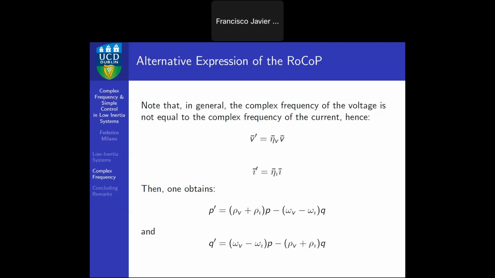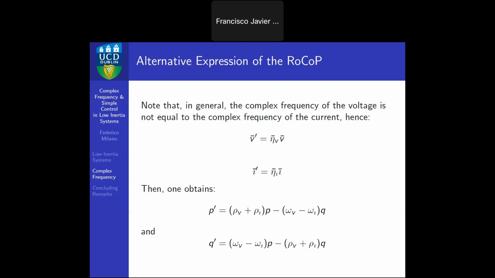That is the following. When we define the frequency of the voltage, we have seen this expression. One of the things that confused the reviewers a lot when they received the paper on complex frequency was: if we accept your calculation, then the frequency of the current is not the same as the frequency of the voltage.